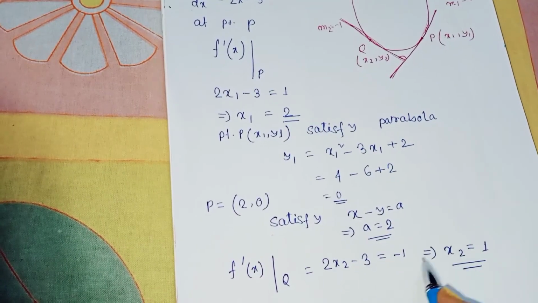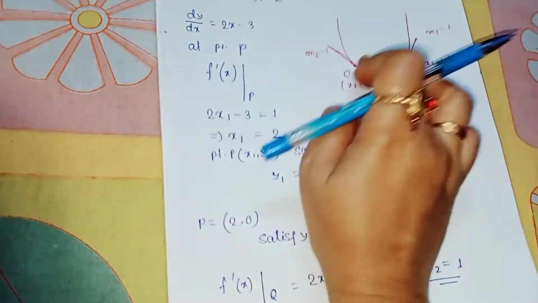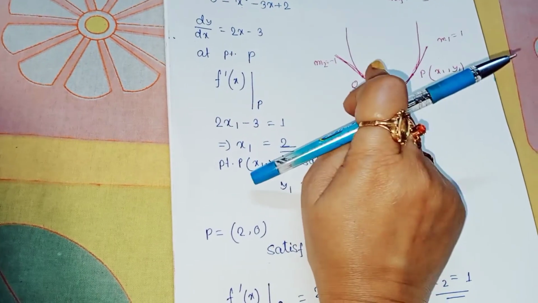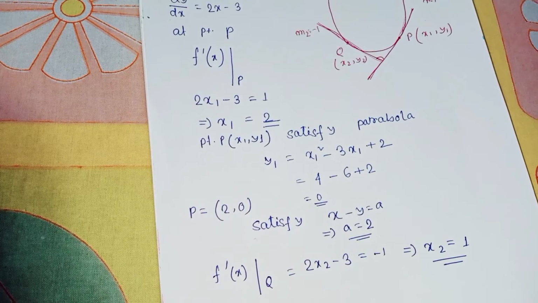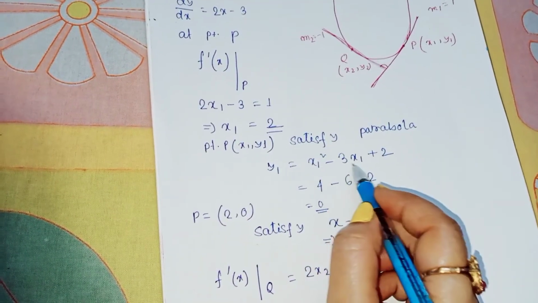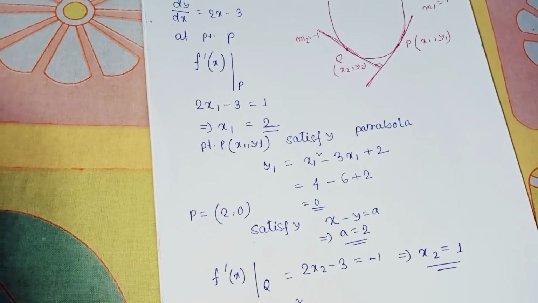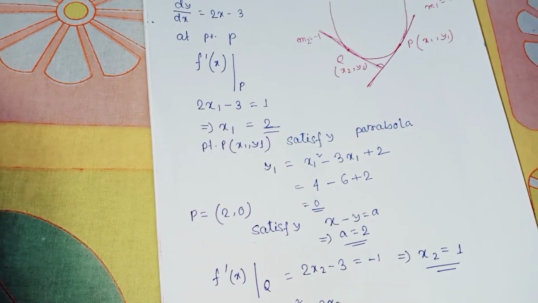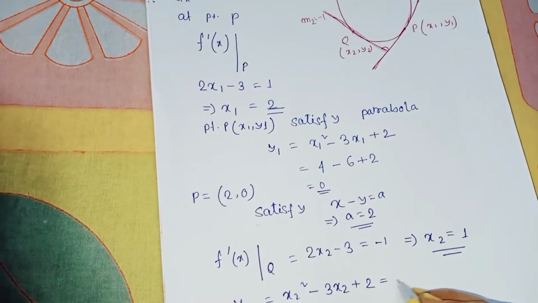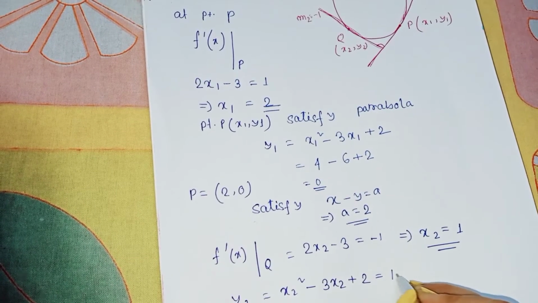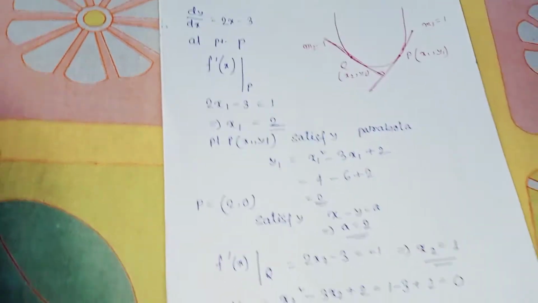And once again this point satisfies the parabola as it is on the parabola. So y2 is equal to x2 square minus 3x2 plus 2, so it is 1 minus 3 plus 2, and it is 0.